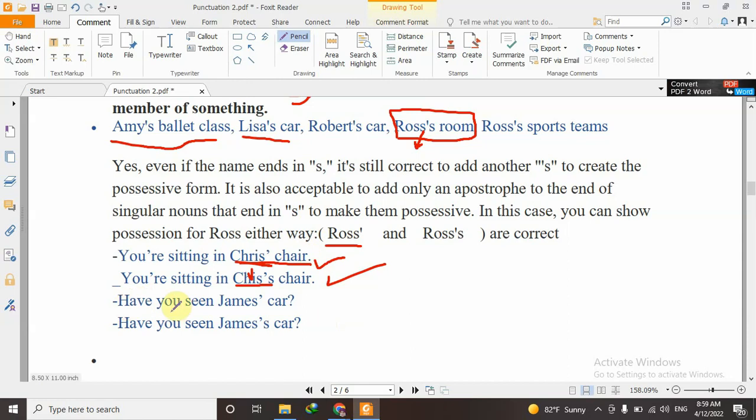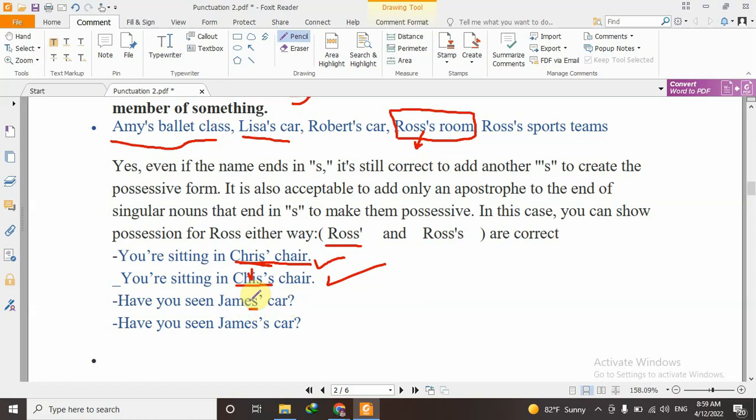Another example: have you seen James? Someone whose name is James, not plural. Just like we have, for example, the word flower, which we make plural as flowers, and the word blessing, blessings. Here it is not one James. James's car. Now this s is within the word James.